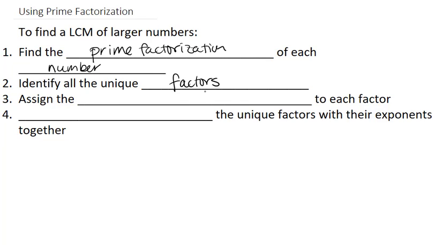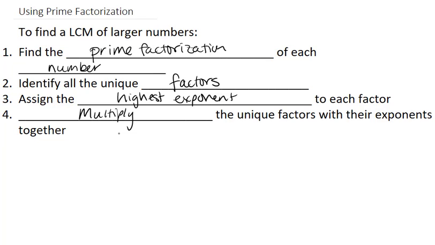Then we will assign the highest exponent to each factor. Then the final step will be to multiply the unique factors with their exponents together.